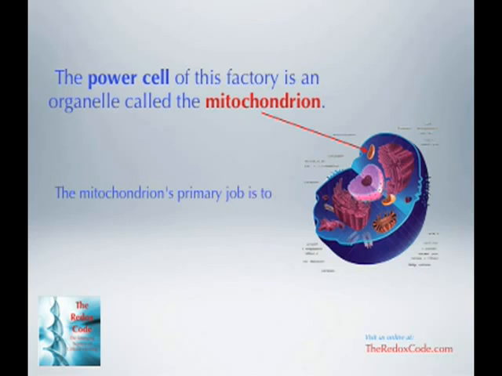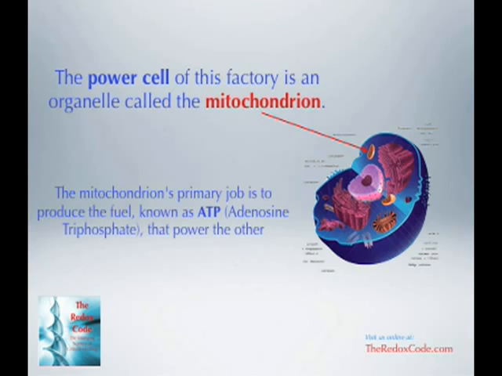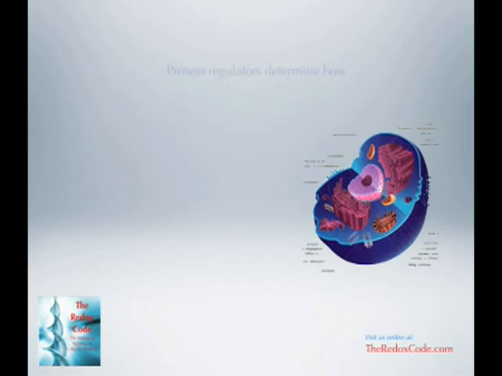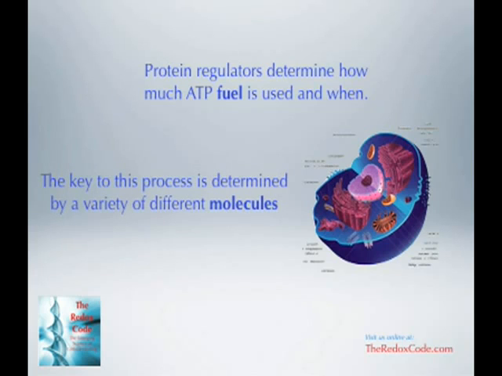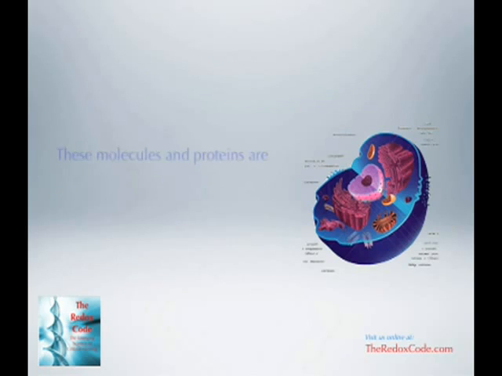The mitochondrion's primary job is to produce the fuel known as ATP, that's adenosine triphosphate, that powers the other microscopic machines inside your cells. And protein regulators determine how much ATP fuel is used and when. Now the key to this process is determined by a variety of different molecules, both inside and surrounding the cell.